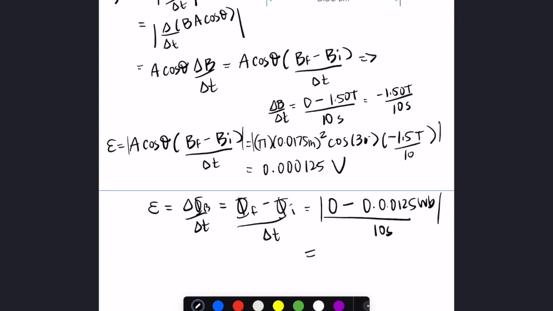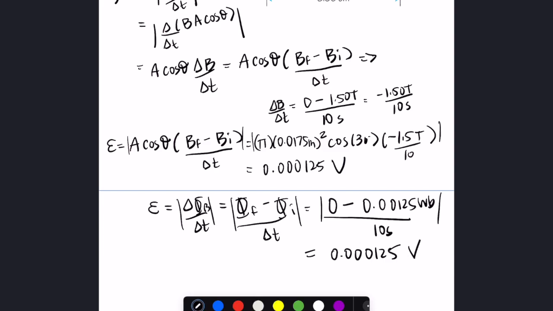We're going to get rid of the negative sign since we're dealing with just the absolute value for right now. Of course, I wrote the negative sign anyway. Just can't help myself. We get the exact same answer. 0.00125 divided by 10, that just moves the decimal over.